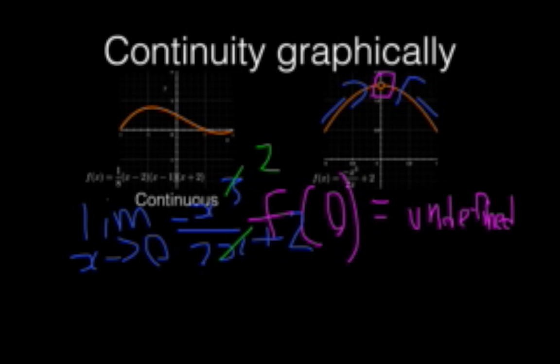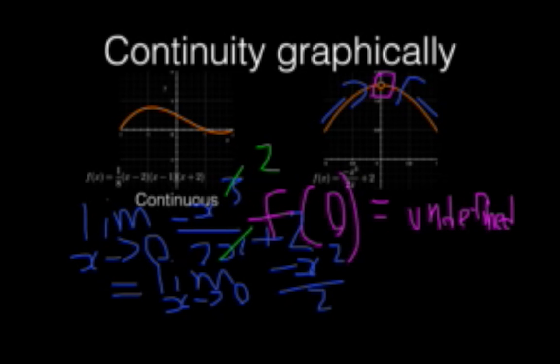And so then that's going to be equal to the limit as x approaches 0 of -x squared over 2 plus 2. Can fill in the x with a 0, and so then you're going to get -0 squared over 2, which is just 0. So you're basically going to end up with 2. So the limit at this point, at x equals 0, is going to be 2.